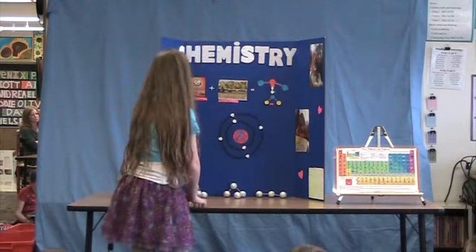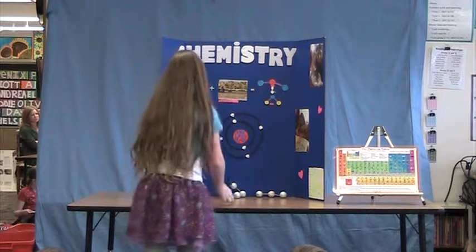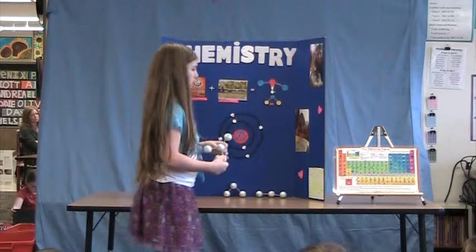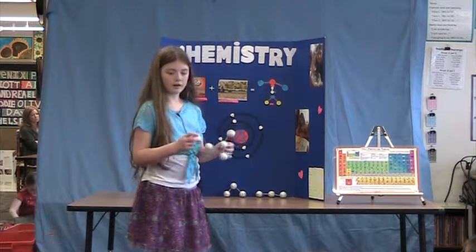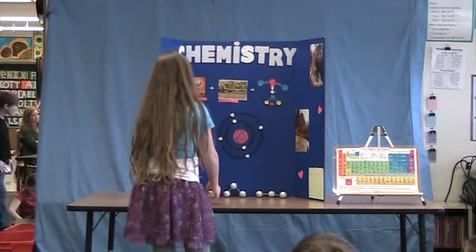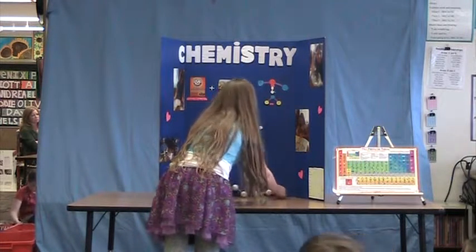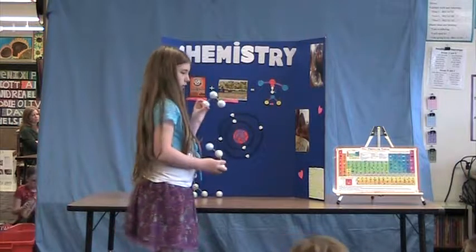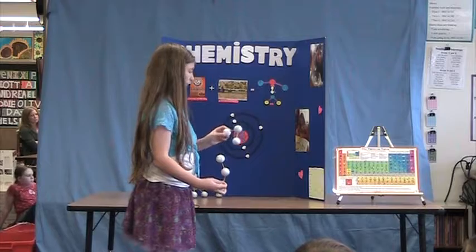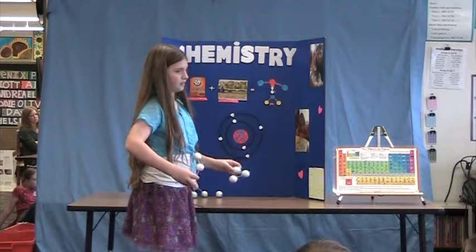So when they add the baking soda and the vinegar, these 2 things, the carbonate and the hydrogen, come together and they make CO2 and H2O. CO2 is the stuff that we breathe out, and H2O is the stuff that we drink, water.